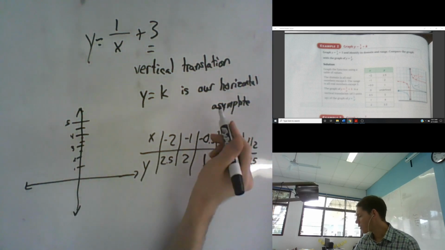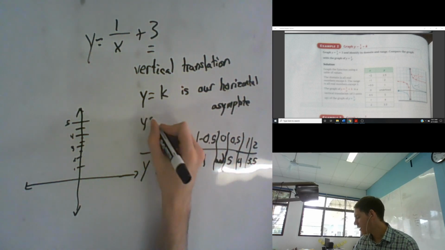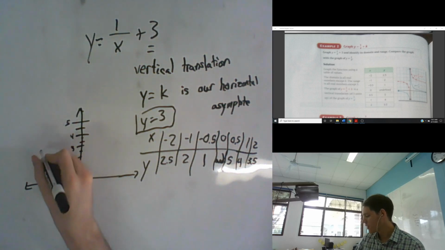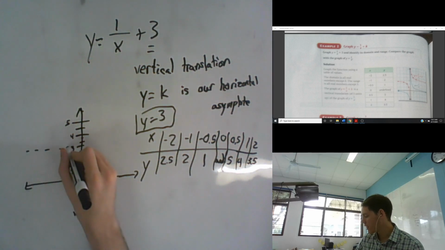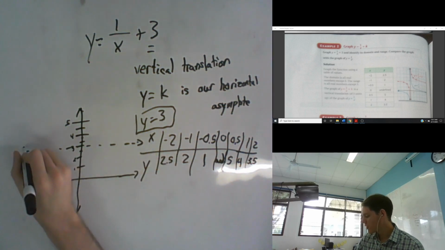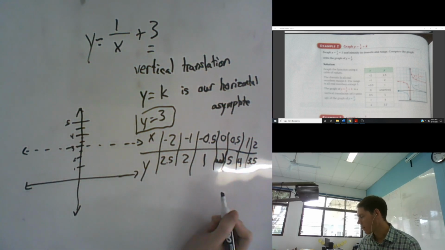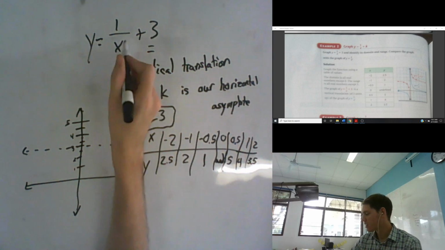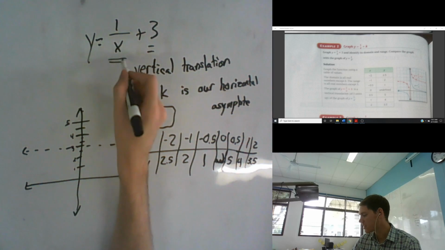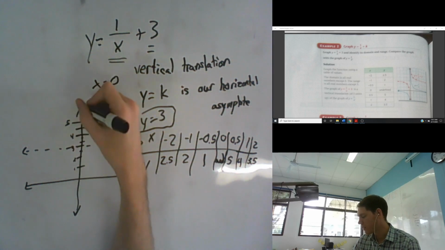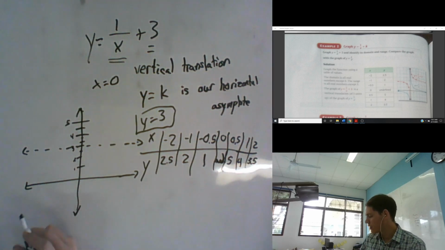Now our horizontal asymptote is y equals 3. That's one of the things, and you will make a dotted line at that point. Dotted line at our vertical asymptote too. In this case, our vertical asymptote is just x equals 0, which is this line up and down. Then we plot our points.